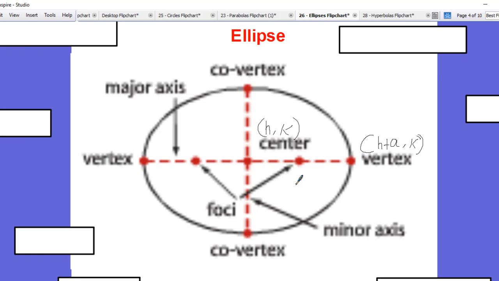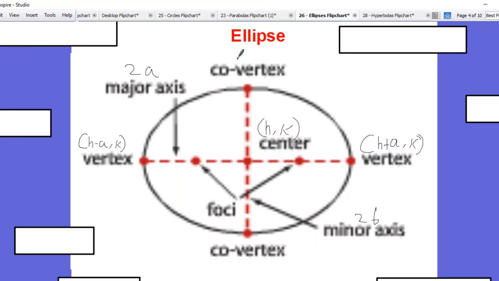A is always going to be the length of the semi-major axis, which is the longer axis on the ellipse. So this vertex is h plus a, comma, k. This vertex is h minus a, comma, k. And that's part of the major axis. The major axis has a length of 2a. The minor axis has a length of 2b.